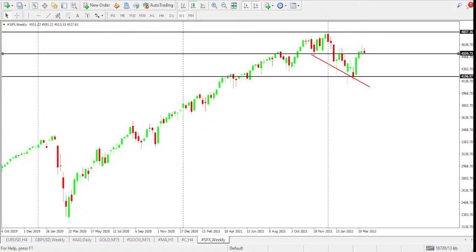Despite whatever happens, the price continues to be in a very good uptrend. So we keep looking for more buy orders, expecting buyers to push price upwards. We do want to see a break beyond this line, 4807.36. If the price goes above that level, then that would be a sign that we are continuing in that direction. So that should bring us to the end of today's market analysis.